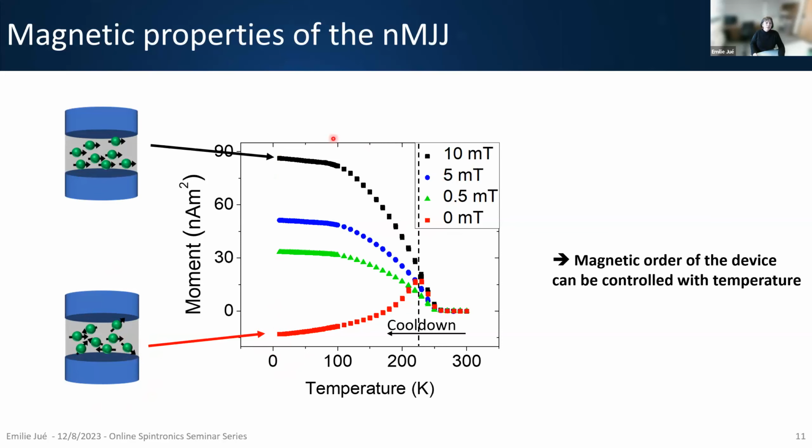However, when the magnetic moment is maximum, we have a device which has a highly ordered magnetic state, meaning that the orientation of the cluster magnetization are aligned in the same direction. Okay, so here really the takeaway of this slide is that we can control the magnetic order of the device with the temperature.